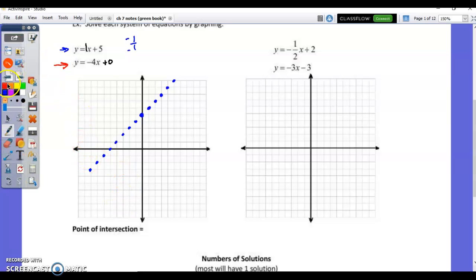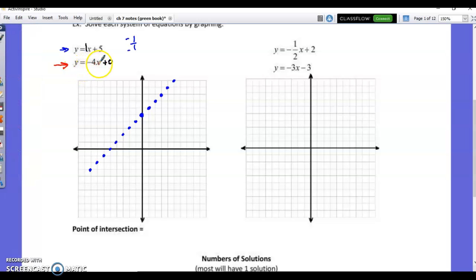So now I'm going to go to my second graph, y equals negative 4x plus 0. My starting point is 0, and my slope is negative 4 over 1. So I could go down 4, 1, 2, 3, 4, and then to the right 1.